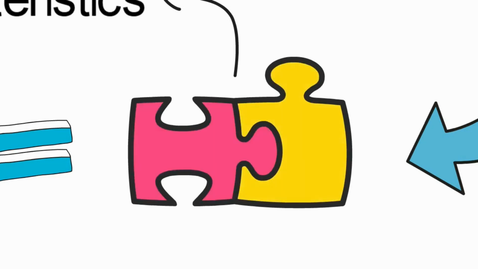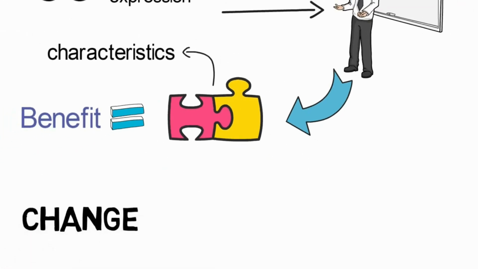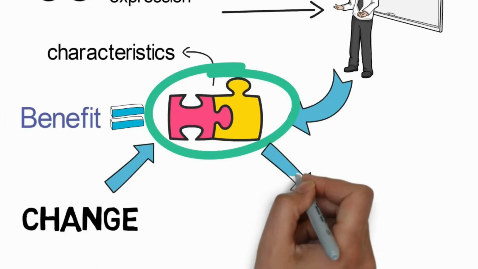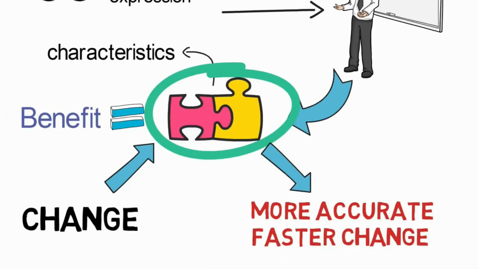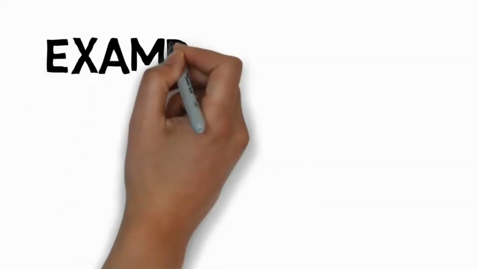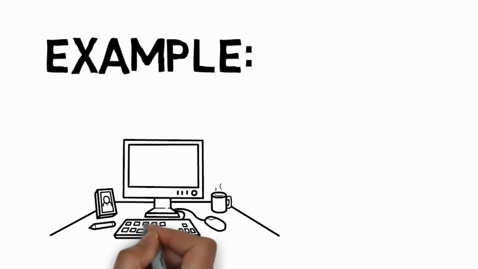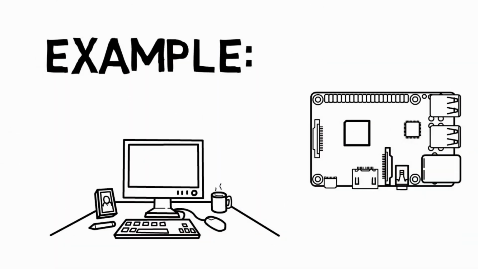In other words, there's a limitation on the ripple effect of change. If the change in a business can be contained within components, it enables more accurate and faster change. There are many other benefits as well, but we'll have a look at these and the characteristics of objects in another video. The best way to clarify this definition is to use the example of a computer and its components.